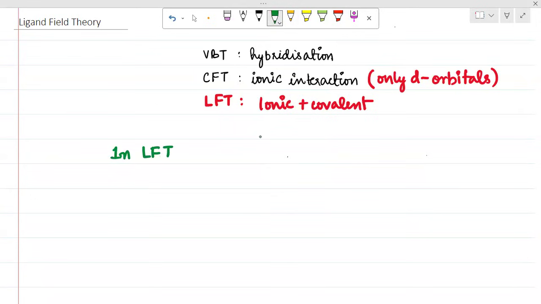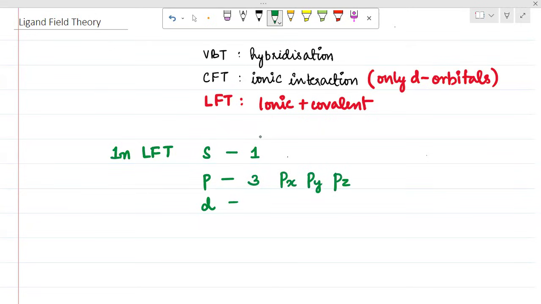But what we can see in LFT is that we do consider the s orbitals, the p orbitals and d orbitals. All of these are considered in adjusted CFT or LFT. Based on the representation, s is just one orbital. If you take p, there are three orbitals: Px, py, and pz.